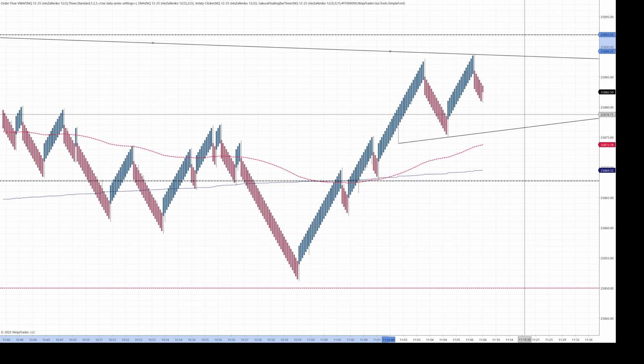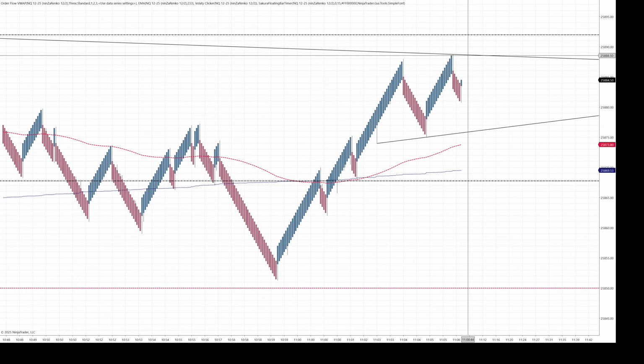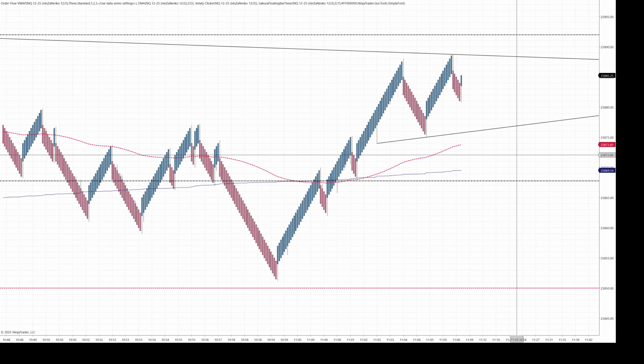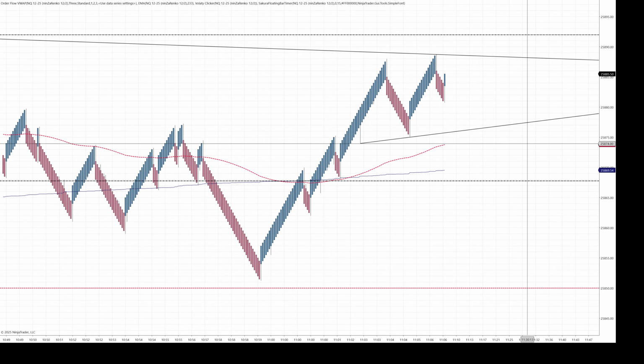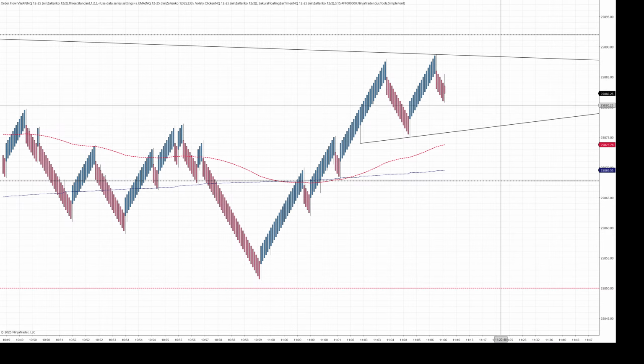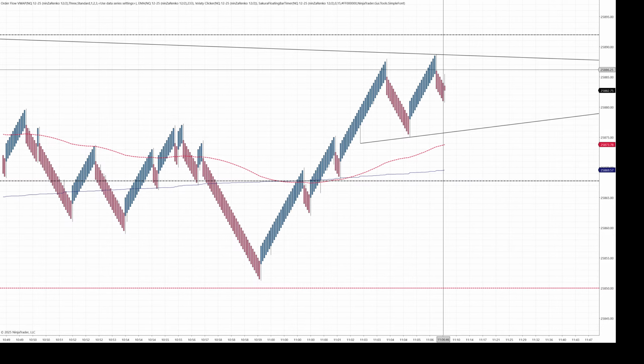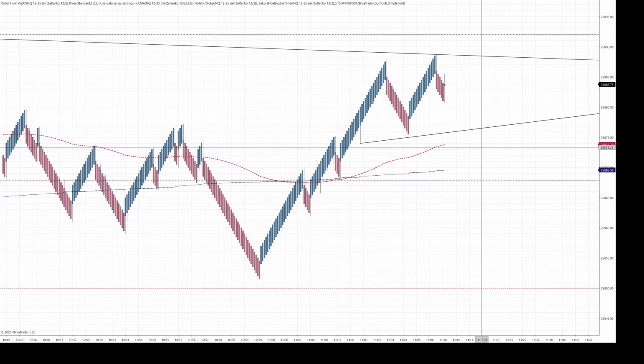Okay, now if it does come back down to the T-line, we do have room for it. Not anymore. I just needed to go straight down to the T-line. Otherwise, I'm forced to draw these trend lines that get in the way.